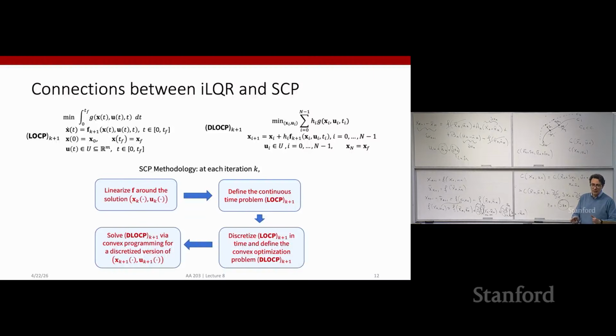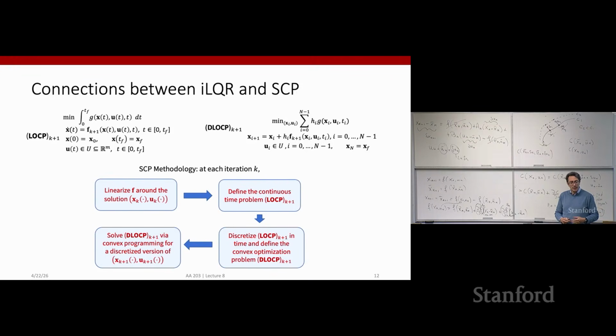So they are similar in spirit. They rely on successive approximations, but they're also a bit different in terms of complexity. SCP is a bit more complex, but it's also a bit more general. SCP is also a bit more difficult to implement. You have to think about trust regions that we discussed last week and so on.